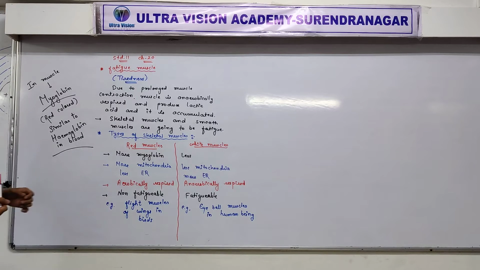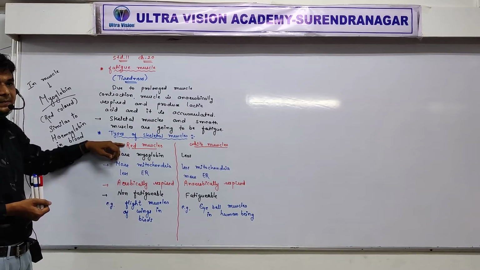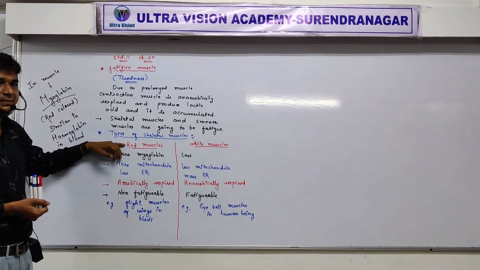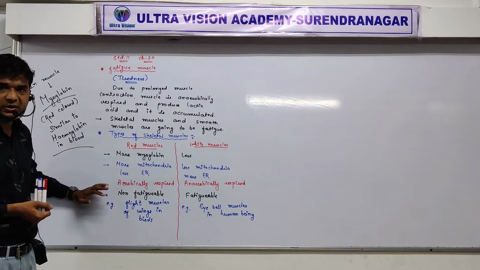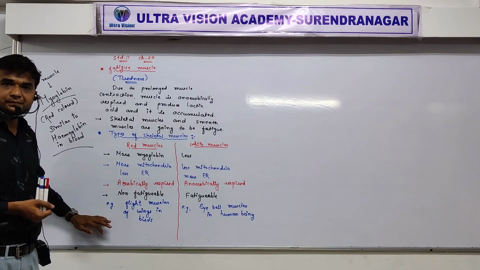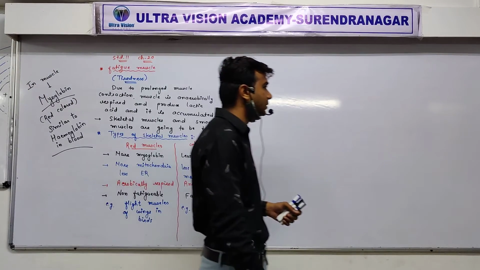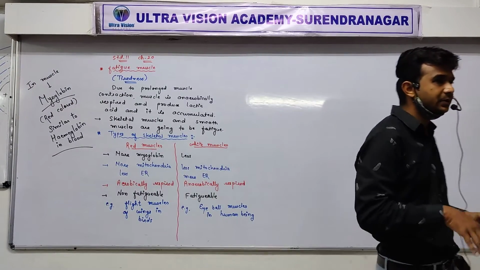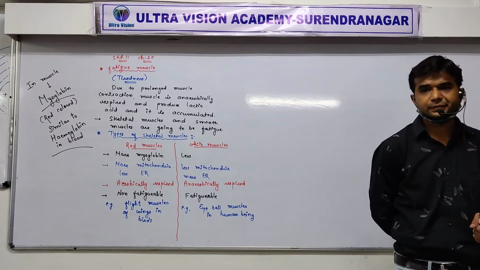So here there is a more amount of mitochondria in the red muscle fibers. That's why the muscle is working for a prolonged time, and the muscle is working aerobically. For example, the flight muscles of the wings in birds. Birds are flying for long distances, so those wing muscles are never tired.